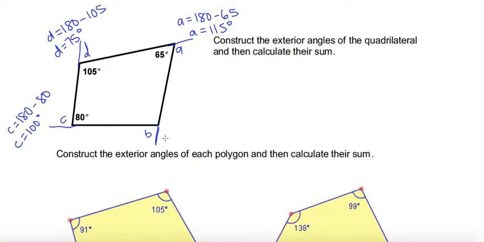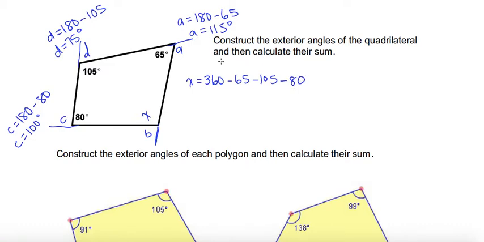But what about B? Well, for B, we first need to solve for this angle right here. Let's call this X. And we know that the angles inside of a quadrilateral add up to 360. So X is equal to 360, take away 65, take away 105, and take away 80.